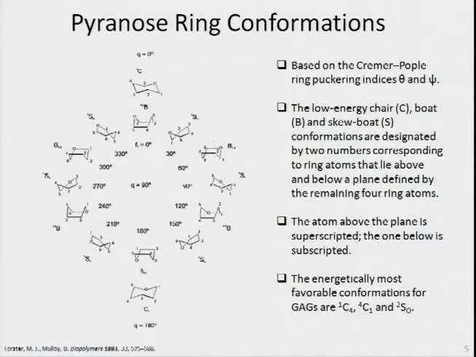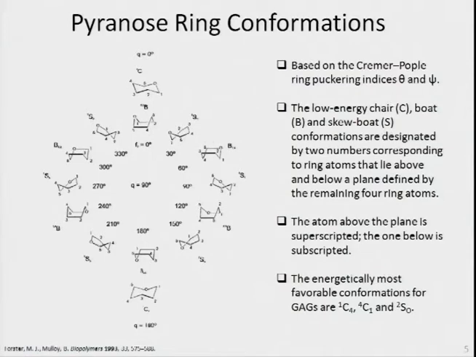There is a systematic way of specifying these, and they give them different names. This is based on the Cremer-Pople ring puckering indices theta and phi. I apologize for this as well. I was going to change this on the slide. It says Q here, but it really means theta.